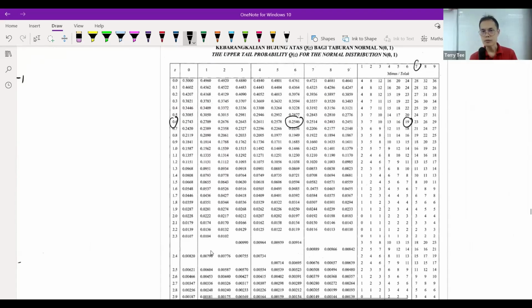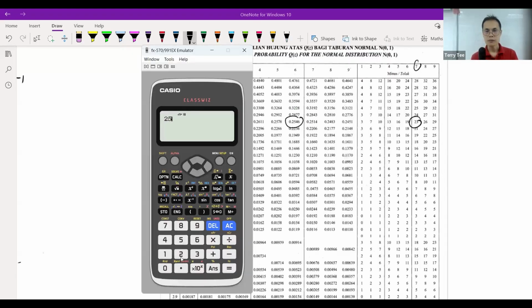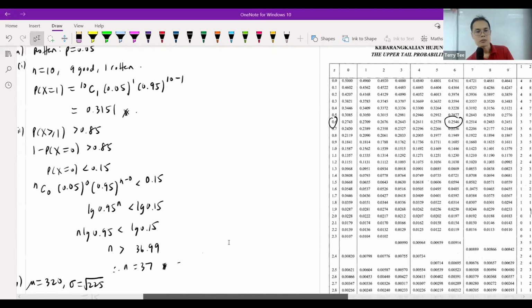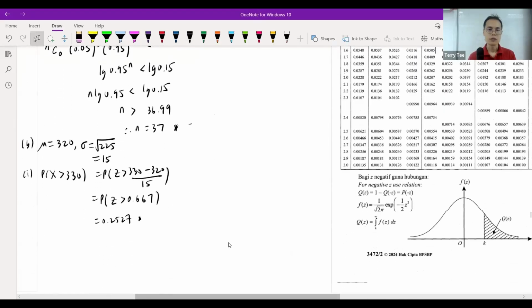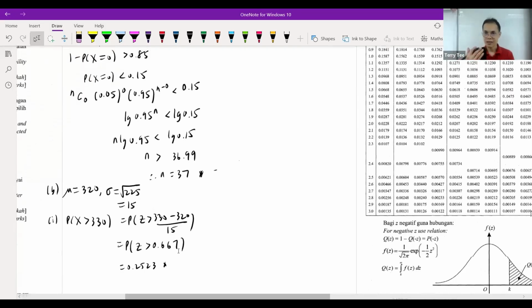So if you use your mathematical table, 2546 minus 23, you should get 2523. So mathematical table and calculator sometimes have a slight difference in answer. If I use calculator, I get 24. If I use table, I get 23. But of course, calculator is more accurate than table because the table is rounded off. Calculator is the most accurate if you use the function directly.